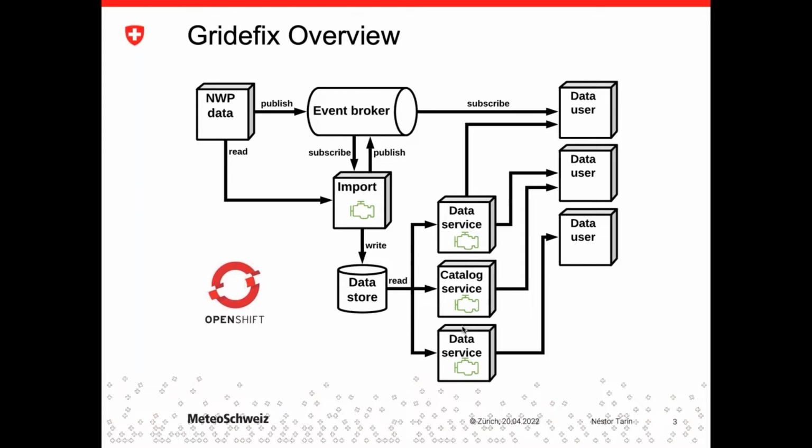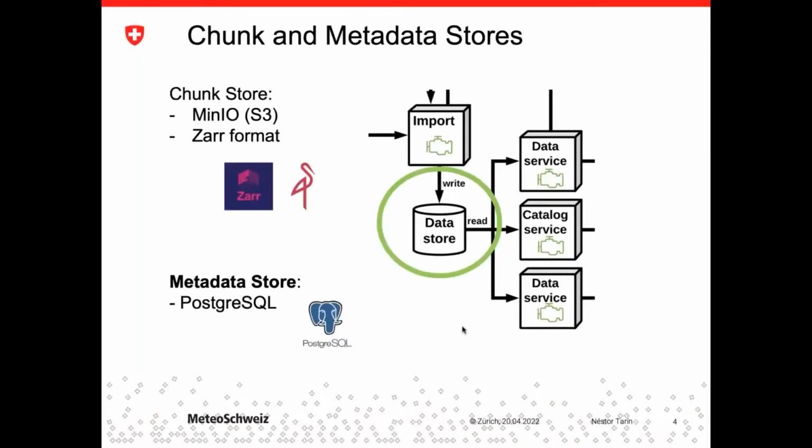It's cloud native, everything runs in OpenShift, and we have a bunch of services to fetch the data and to query the data. To query would be the catalog. In this small talk, I would like to show you how we configure the data store in order to use Postgres together with Zarr.